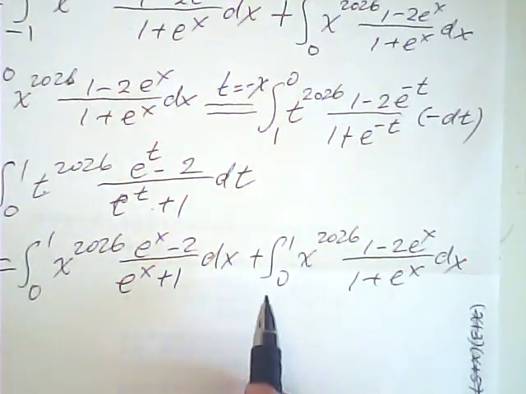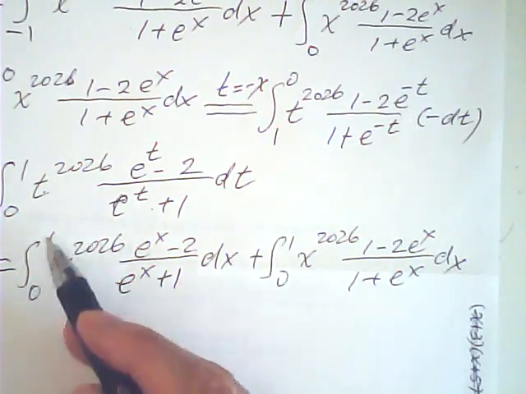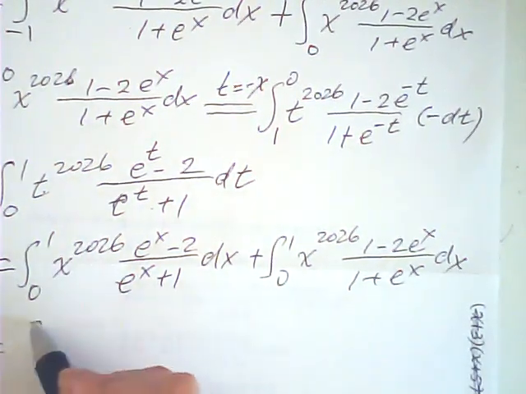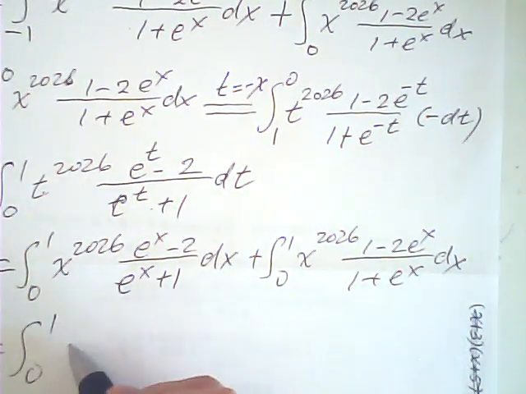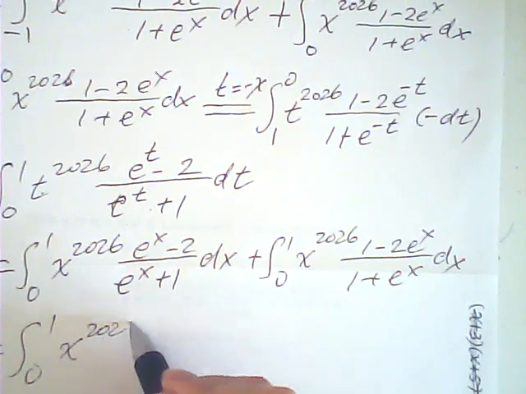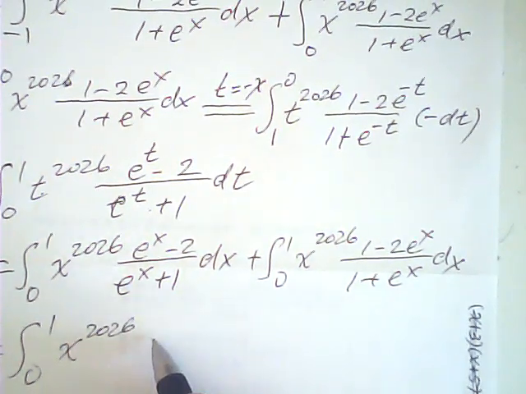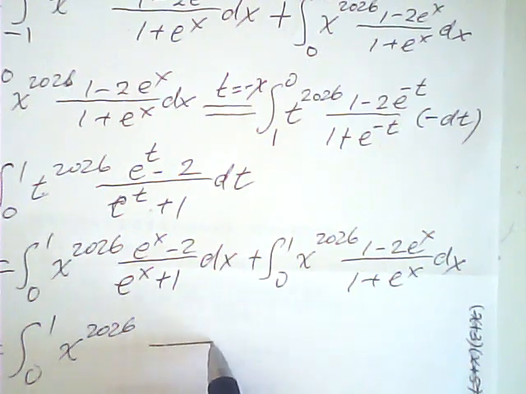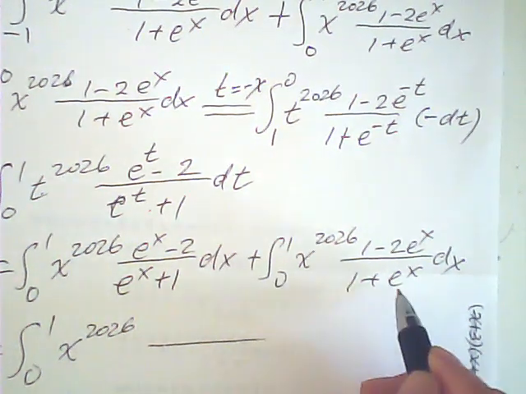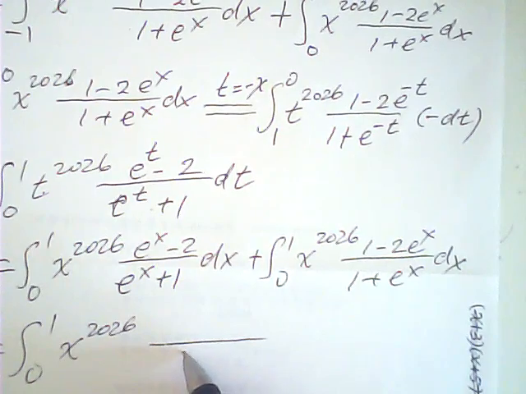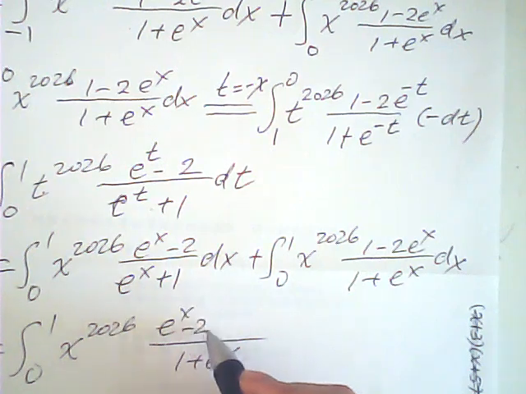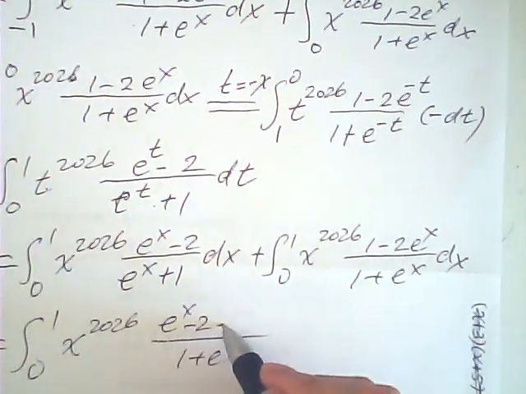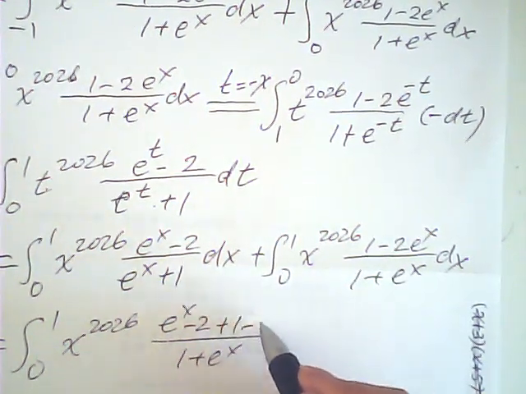Now then, since the same boundaries, I can combine them together. These together have a common factor, right? This is a common denominator, and e^x minus 2, and plus 1 minus 2e^x.